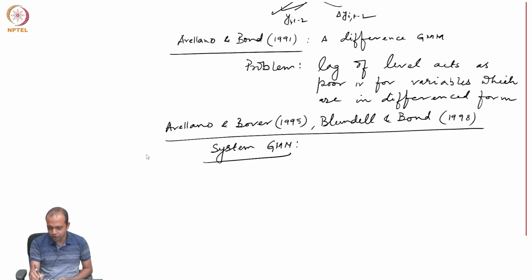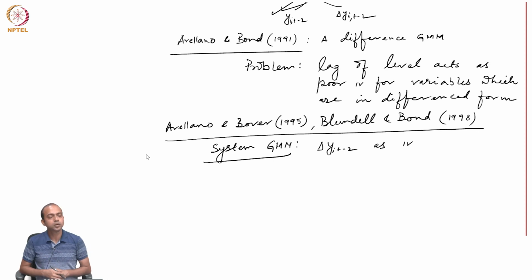Basically, lag of the difference variable, delta Y(i,t-2), is used as instrument. Okay. So, instead of taking lag of level, I am taking lag of the differenced variable.